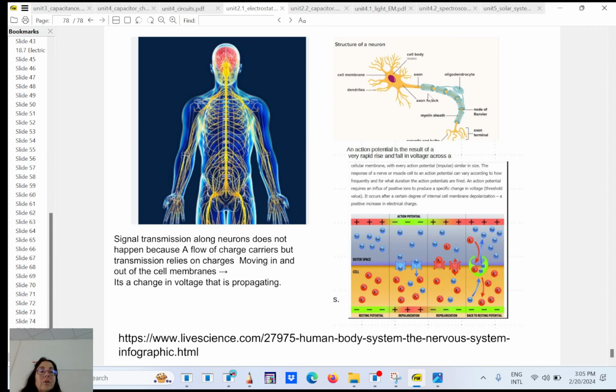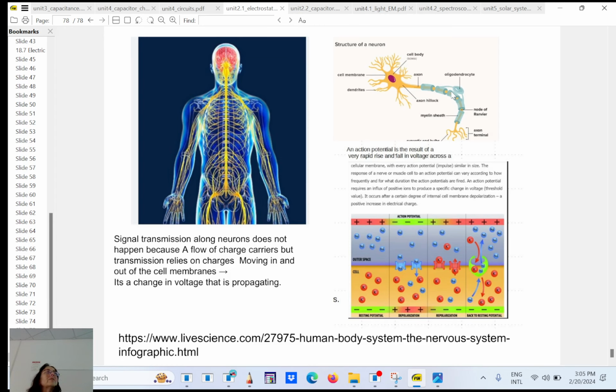All those cells that make up the nervous system are made of neurons, and you see how they have a layer here. This layer has a very large resistance, so the signal cannot leak out. Otherwise, there is an immune disease when you don't have enough layer, so the signal leaks out.